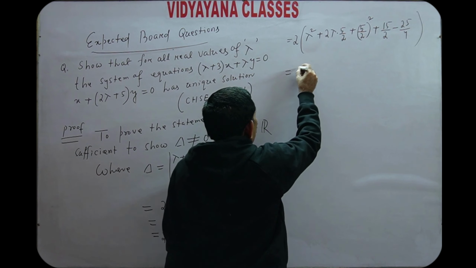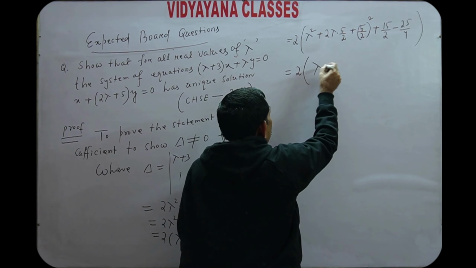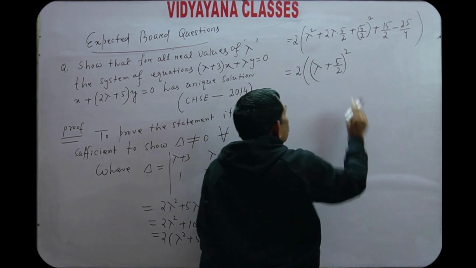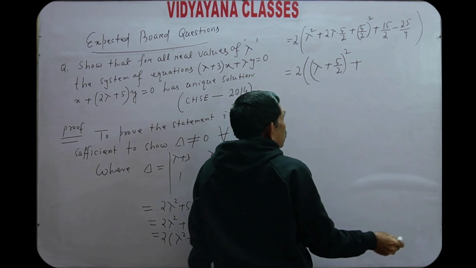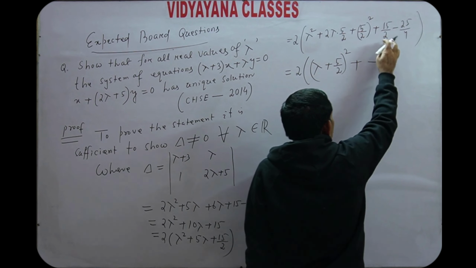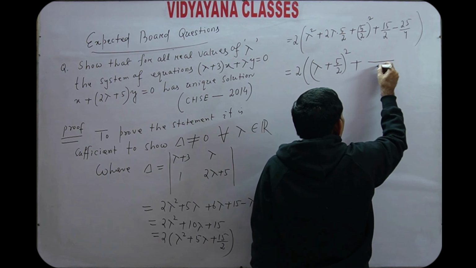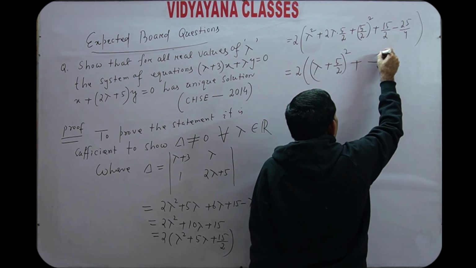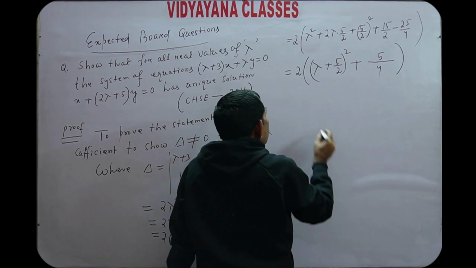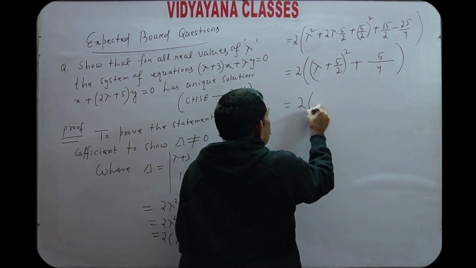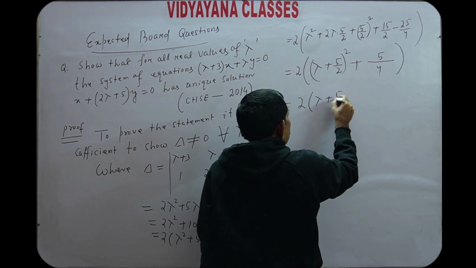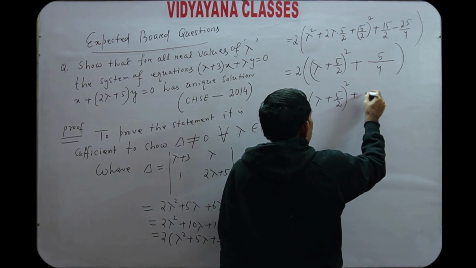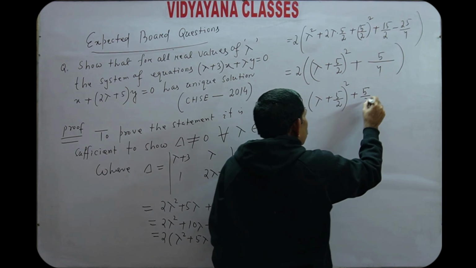Which is equal to 2 into lambda plus 5 by 2 whole square plus, adding this 4, 30 minus 25 that is equal to 5, which is equal to 2 lambda plus 5 by 2 whole square plus 5 by 2.